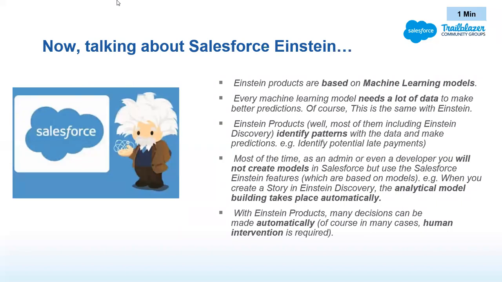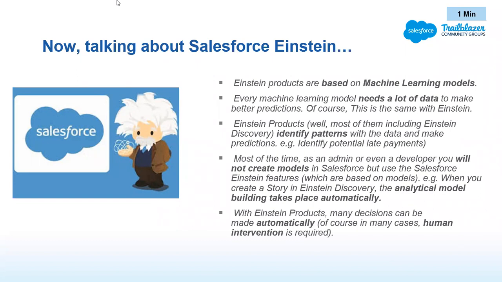With Einstein products, many decisions can be made automatically, but of course, in many cases, human intervention will still be required, right? That also depends on how accurate your model is. If your model is only 75% accurate, there will be lots of manual intervention, right? You don't want to use predictions which are like 75% maybe.